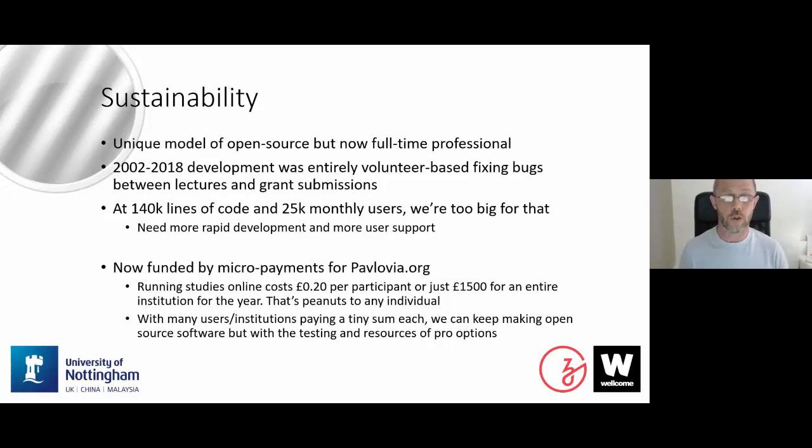If you're using pavlovia.org with JS Psych, then we'll give that money back to JS Psych. The idea here is that we're using very small payments, so £1,500 for the entire institution for as many users and studies as they like. Think of it as encouraging your university to support open source software. We're using that money entirely to build these packages and make them better.